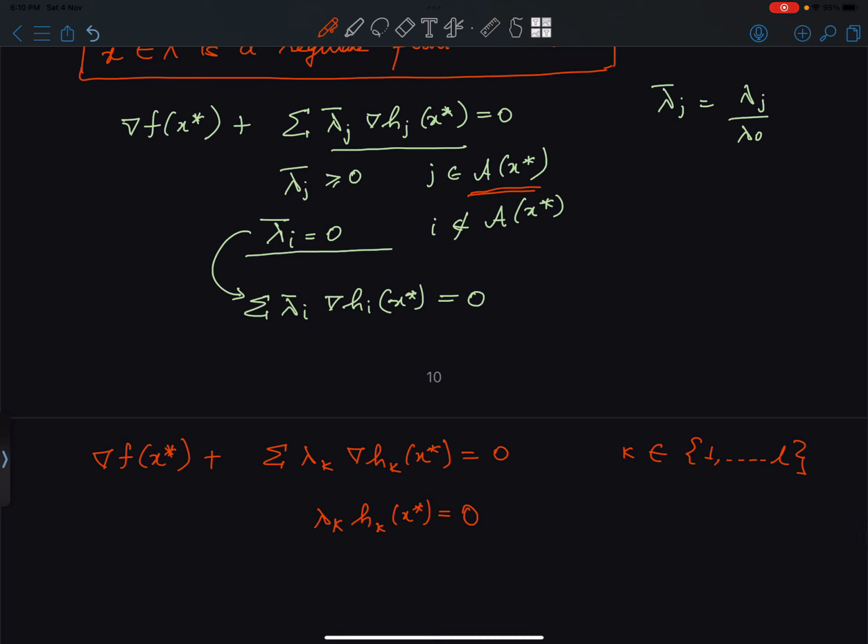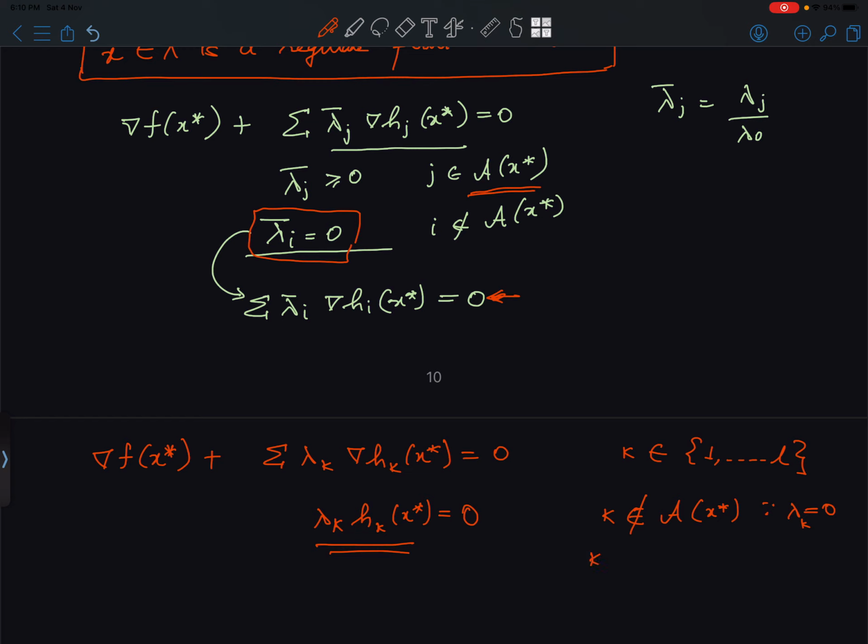So suppose my k belongs to the active set of x star, then for k not belonging to the active set, as you saw here, lambda k is equal to 0, so this condition is automatically true, right? Because lambda k is 0 in this case.